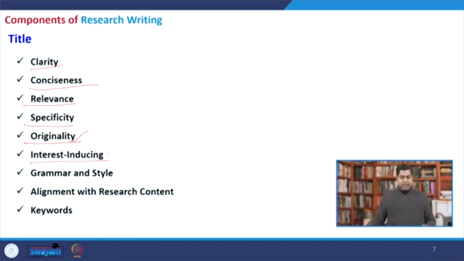Then looking at the title there should be some interest. So if you have used certain interesting novel methods and your paper is on methodology, that kind of word you can put in. Say you have done something on a spatial method, say GIS MCDM, so you can bring that into the title.